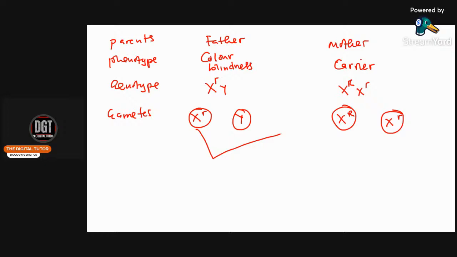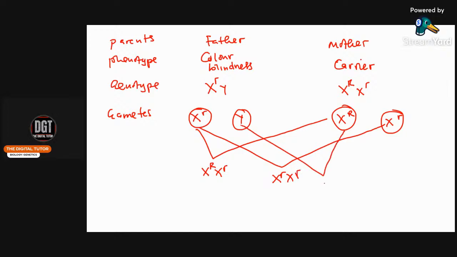Then we cross now. We start with big R: XR Xr, then Xr Xr, then XR Y, then Xr Y.